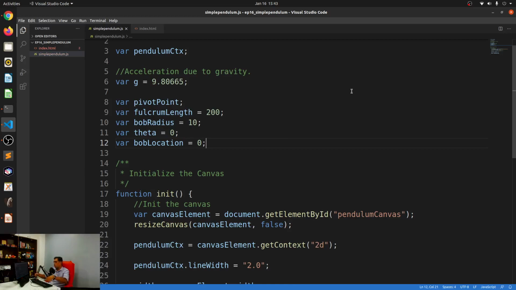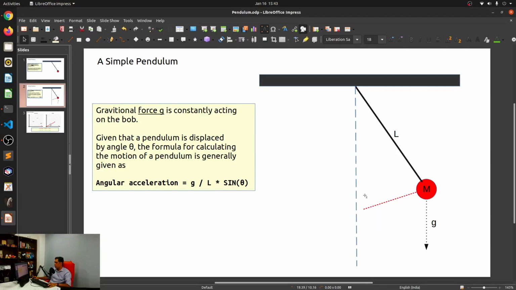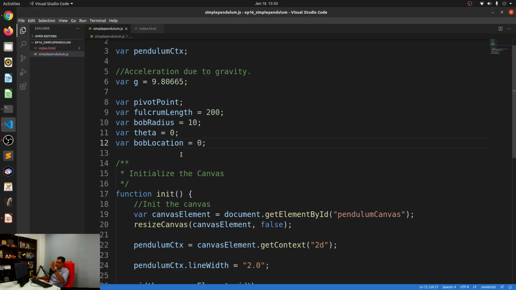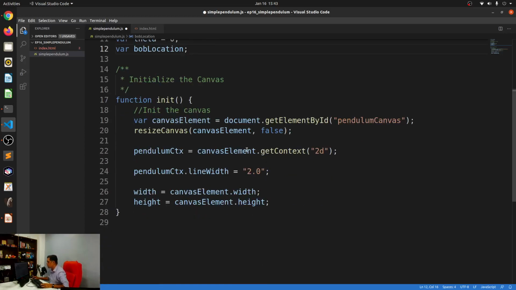Why do I need the bob's location? Once I have made this calculation, I'll have to convert it into Cartesian coordinates, at which point I would need the x and y so that I can display it on the canvas. That's what the bob location is. I'm sorry, I'm declaring it as 0 for no reason. It shouldn't be 0. Anyway, that's the bob's location.